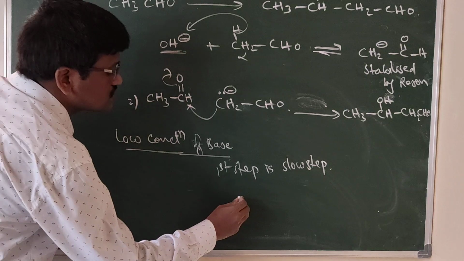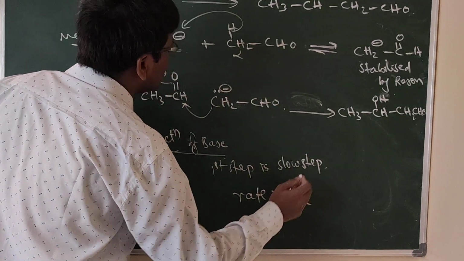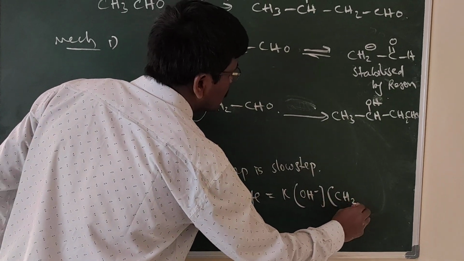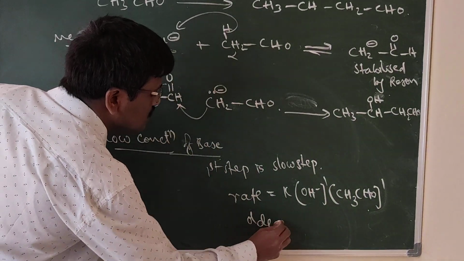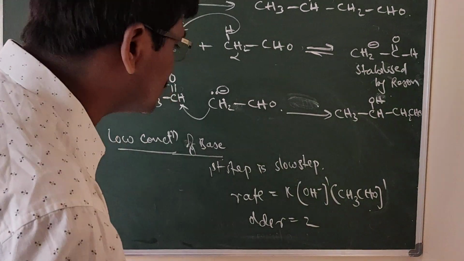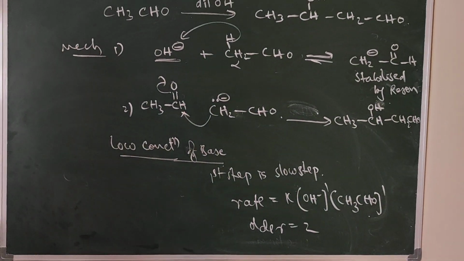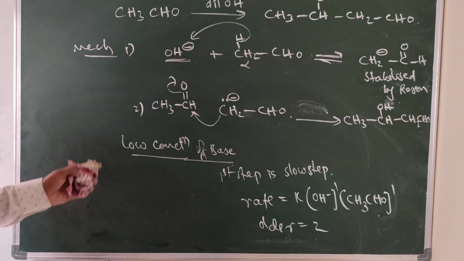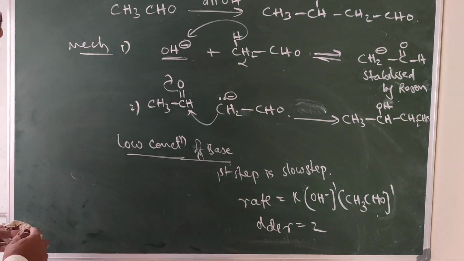So based on the first step, the rate can be written as: rate of reaction equals K into the concentration of the base and the concentration of aldehyde. So the overall order of this aldol condensation is 2, that is, the sum of the powers of the concentration terms in the rate equation. It is a second order reaction. So at very low concentration of the base, aldol condensation is second order.